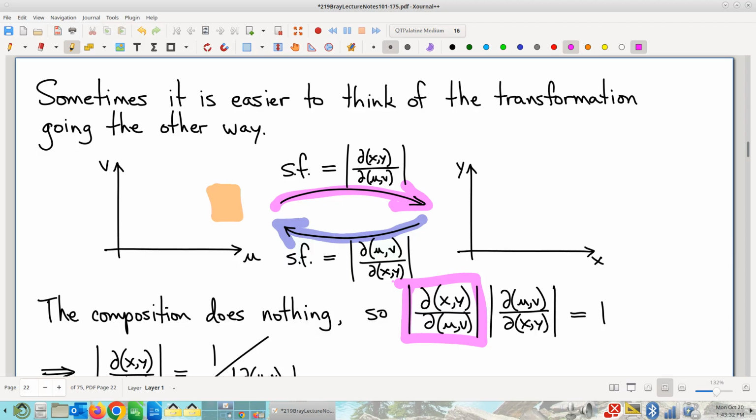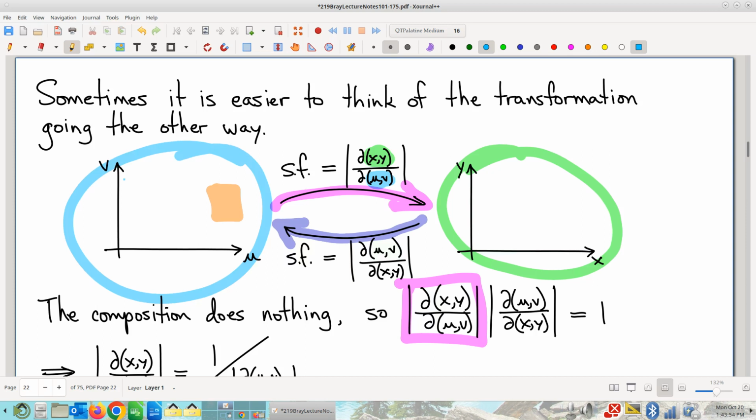We've done that several times. But let's be a little bit more careful about exactly where we got that from. What we did is we took the partial of the output variables with respect to the input variables. In general, that's the formula.